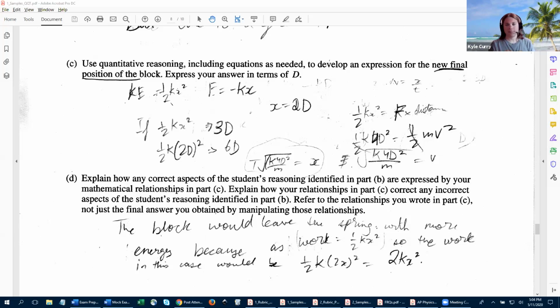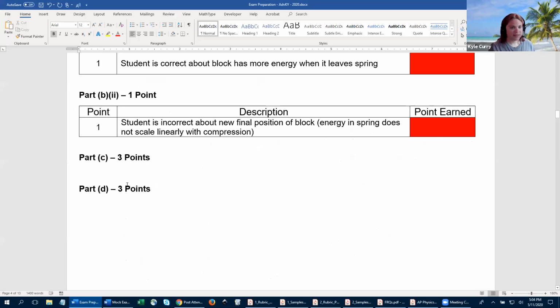And this is a great example of that, because even when things may look nonsensical, even when things don't seem to connect from one equation to another, there can still be some statements that are correct that can earn some points.